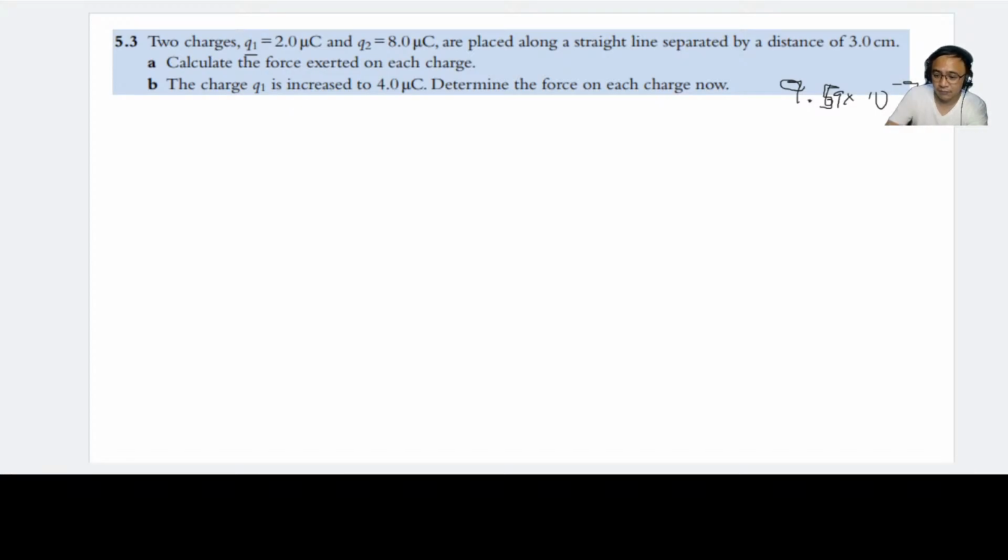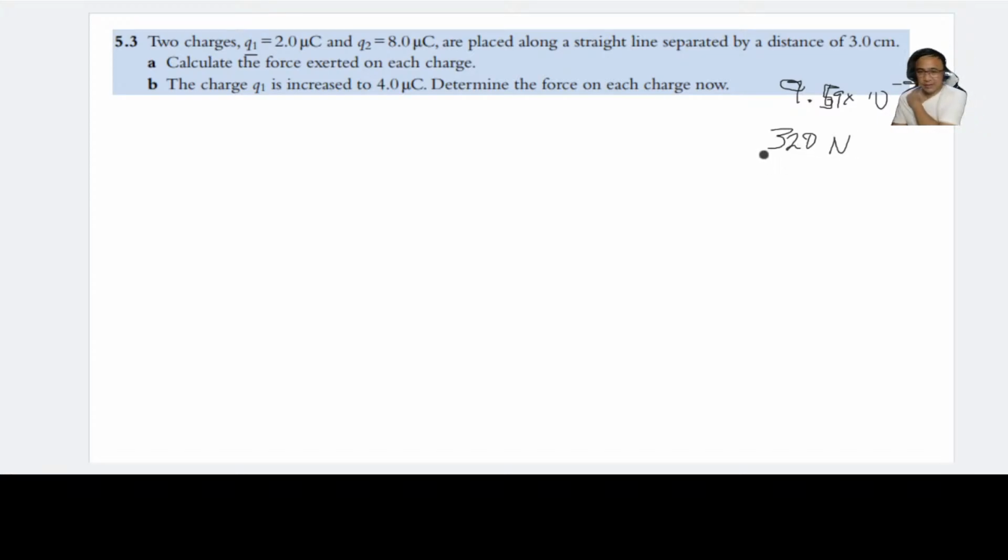So 4 exponent negative 6 times Q1, so 8 exponent negative 6, times 8.99 exponent 9 divided by 0.03 squared. We have completely different answers. I have here 320 newtons.